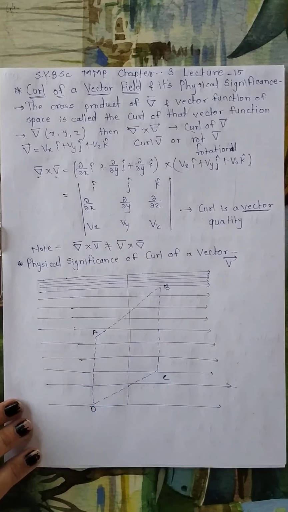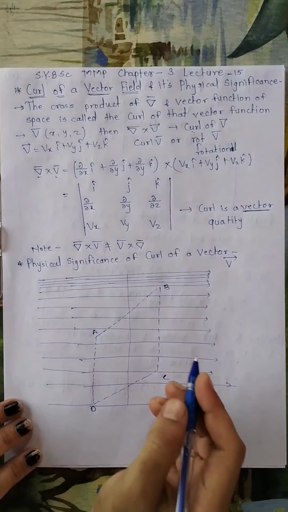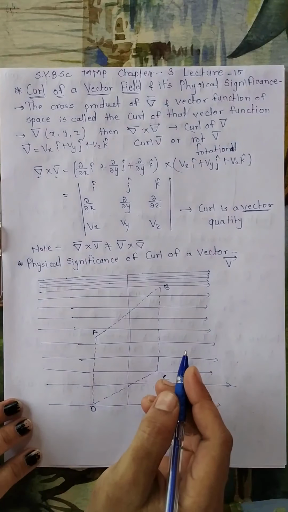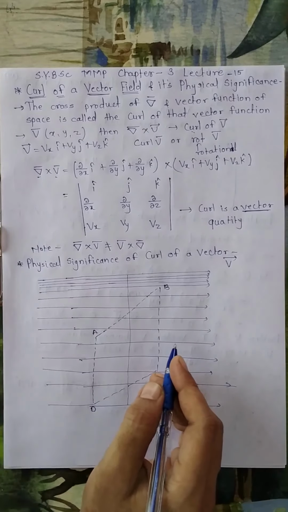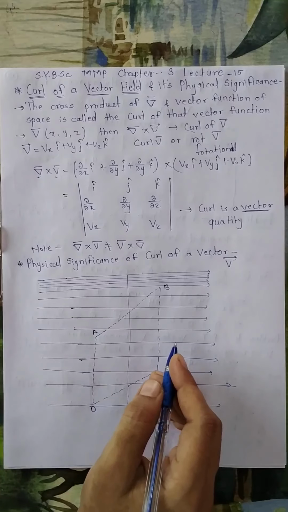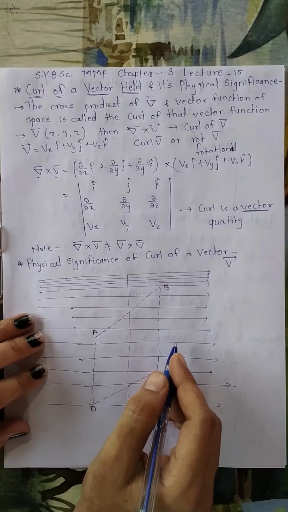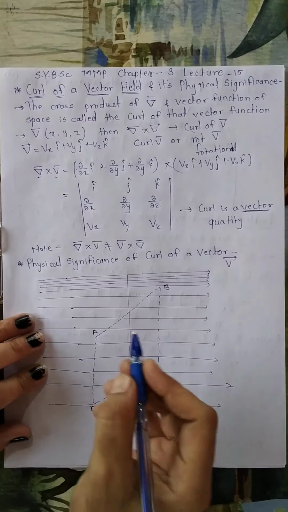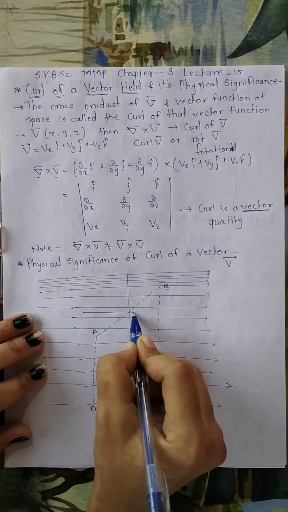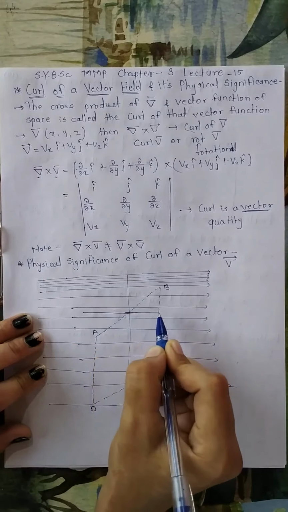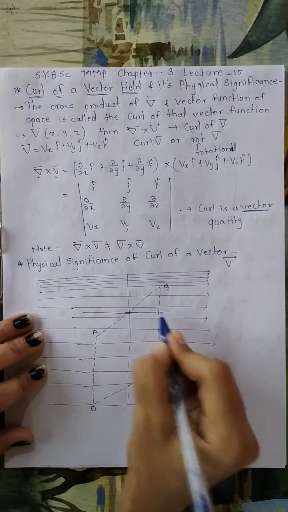Now we will consider another plane A dash, B dash, C dash and D dash such that the area is parallel to the field and the line integral over the boundary is not 0. Means we will consider another plane which is given by A dash, B dash, C dash and D dash, and in this plane the boundaries are parallel.